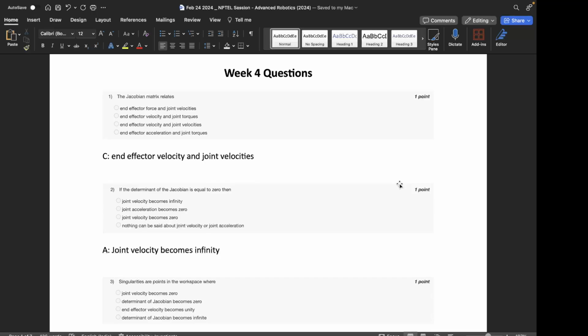So that's the bigger picture of following a trajectory using a manipulator. In entirety of that process, Jacobian will play a part. That comes at the very first step, which we are seeing right now.